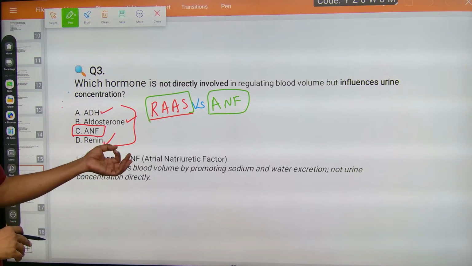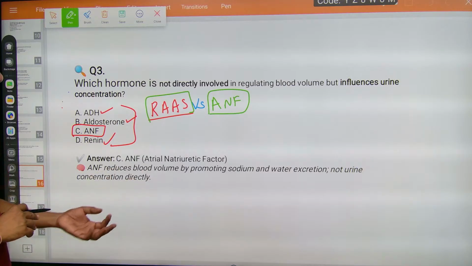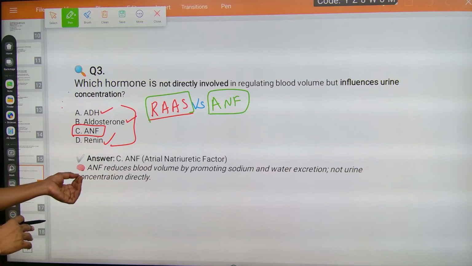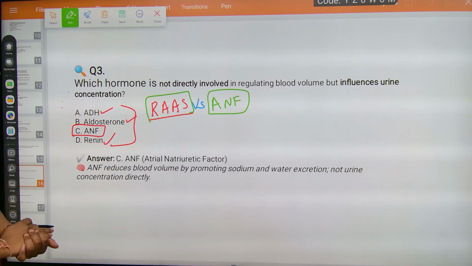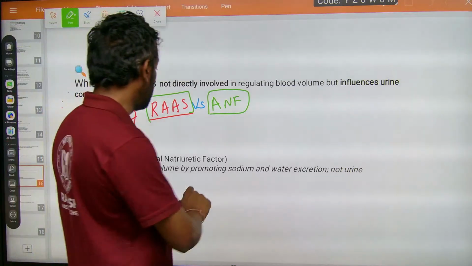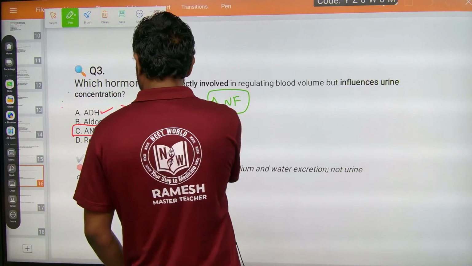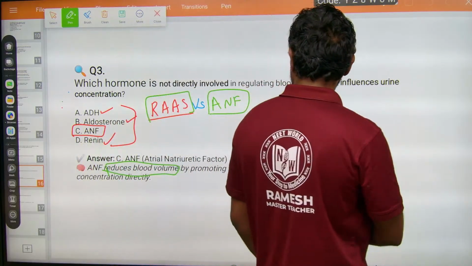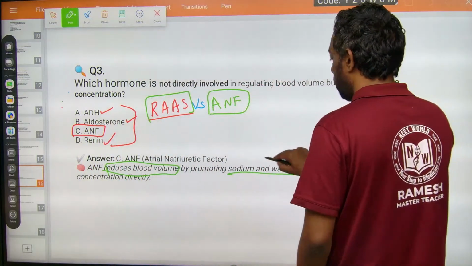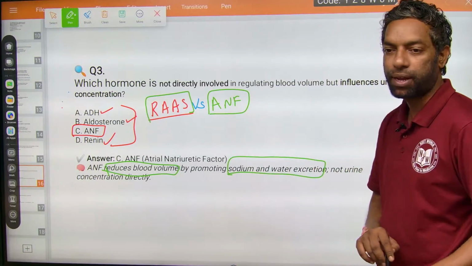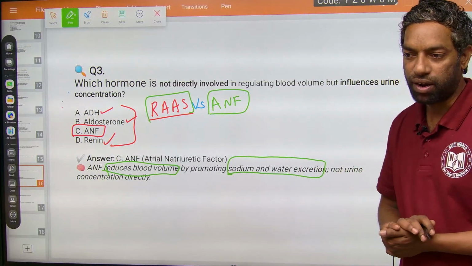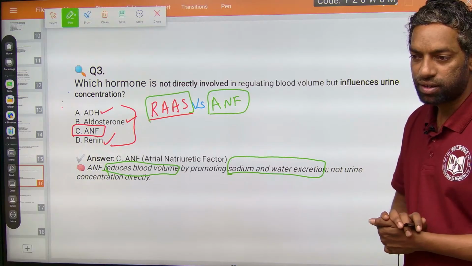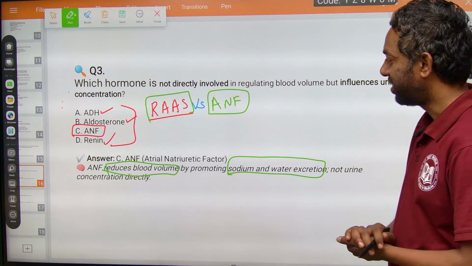ANF is the atrial natriuretic factor, which reduces the blood volume by promoting sodium and water excretion, not urine concentration directly. It is released from the heart.